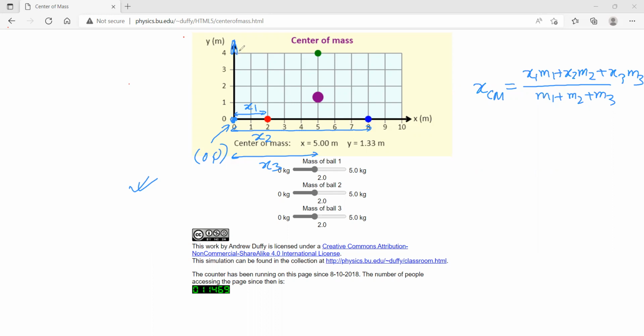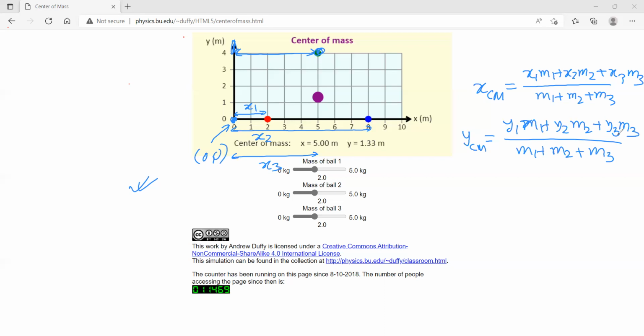Because m3 is this one, this is x3. Plugging in these values, you can find the x coordinate of the center of mass. And what about YCM? YCM is exactly the same, but instead of the x coordinate we use the y coordinate. So it will be y1 m1 plus y2 m2 plus y3 m3.